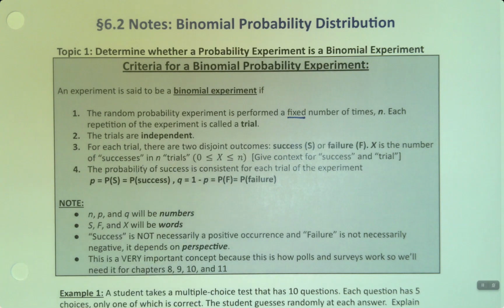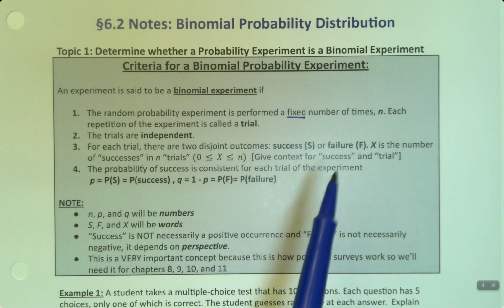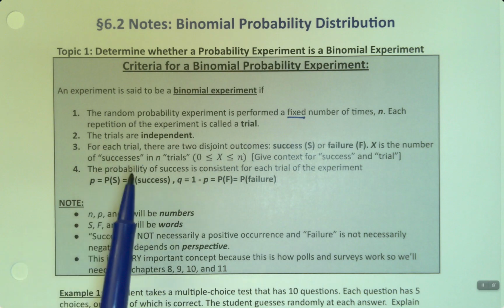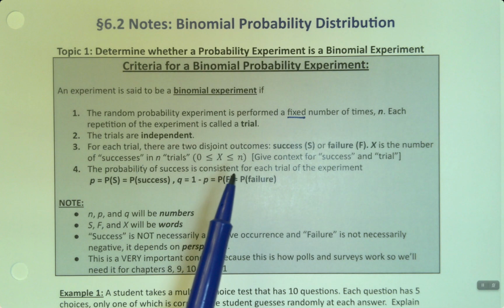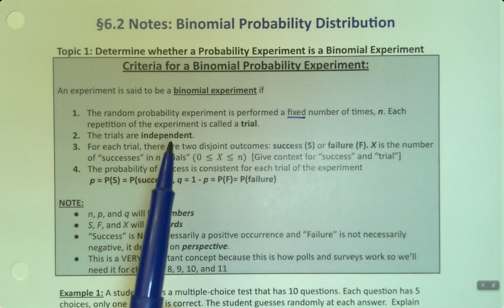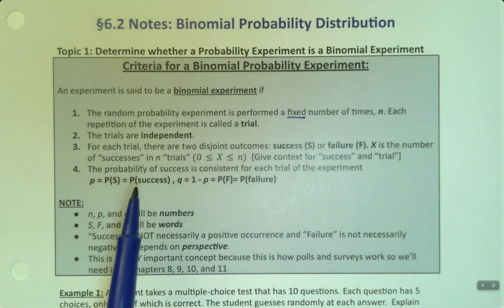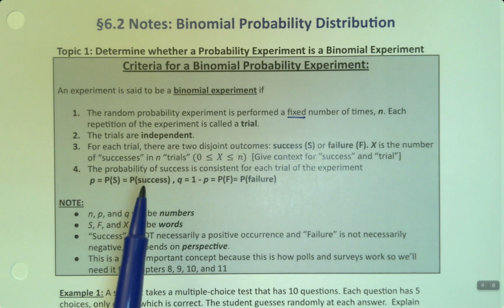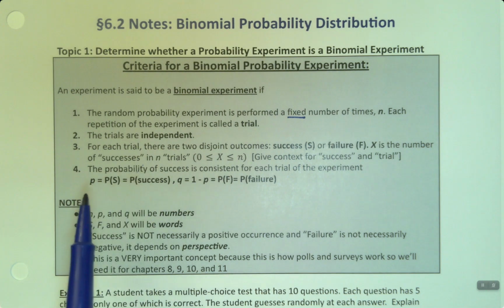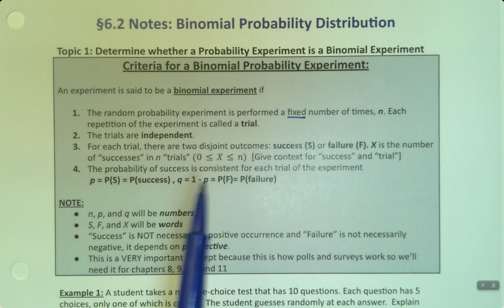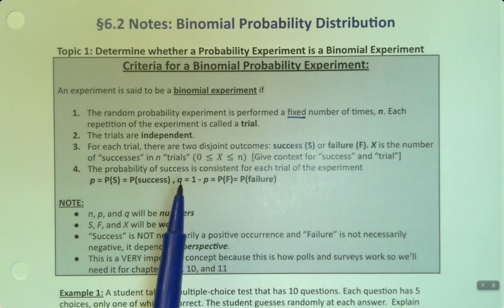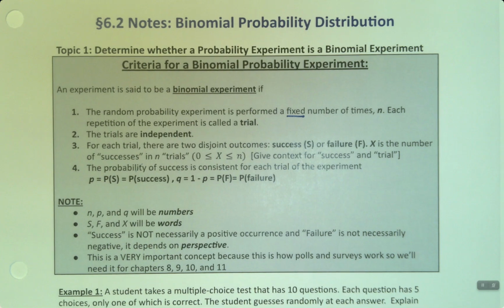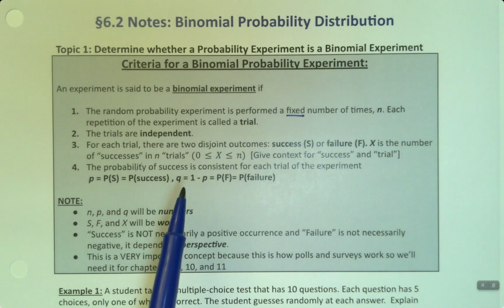The 4th thing is that the probability of success has to be consistent for each trial, which goes hand in hand with independent. The probabilities won't change. The probability of success will be labeled with a little letter P, and the probability of failure, which is the complement of success, is labeled with a little letter Q, as in mind your P's and Q's.